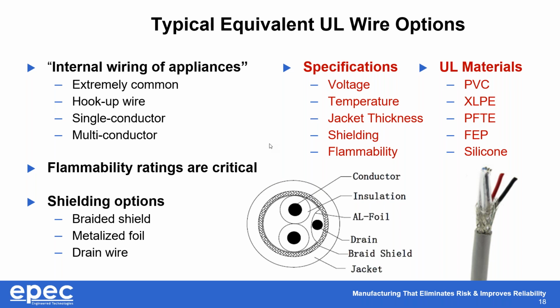This includes cross-linked polyethylene, XLPE, PTFE, which is the chemical name for Teflon, FEP, and also silicone. There are existing UL wires in the industry today that we can produce in just a few weeks that may work just fine in your application.